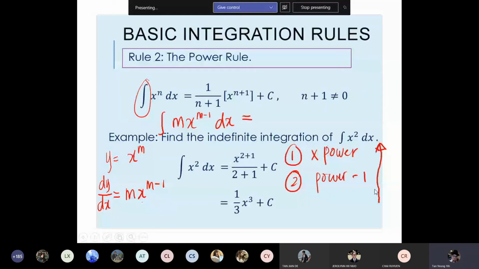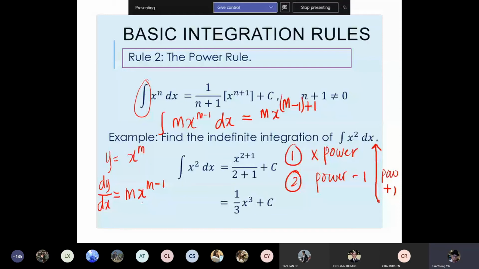Now, this one is power minus 1. The reverse will be power plus 1, right? So I have the mx here, then the power plus 1. It's the reverse, but we start with step number 2.